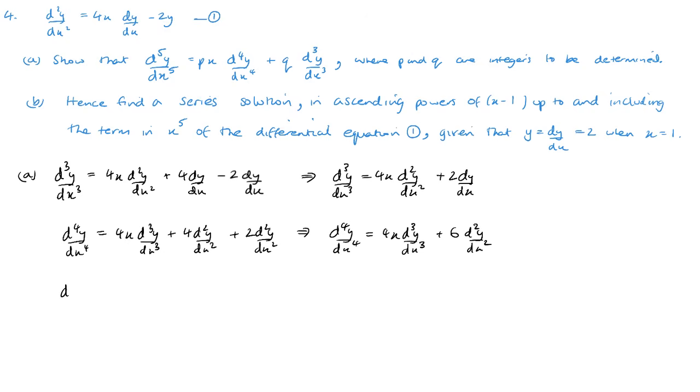Right, then the fifth derivative, or my third one, don't know how you want to say it, we get 4x times d4y by dx to the power 4 plus 4 d3y by dx cubed plus 6 d2y by dx squared. And that is d5y by dx to the power 5.